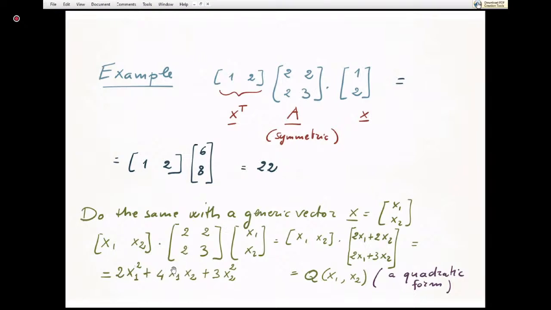And the mixed term is the result of the sum of two mixed terms here. If you look at its coefficient in the result, it is 4, double the coefficient which is not in the main diagonal here, okay? So basically 4 is 2 plus 2, or twice 2.